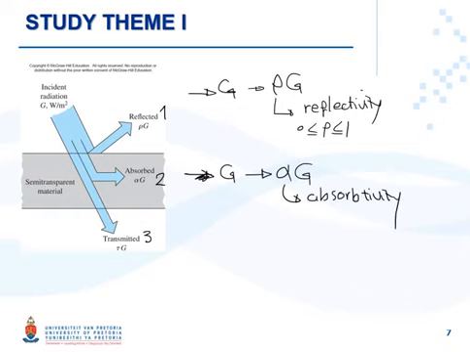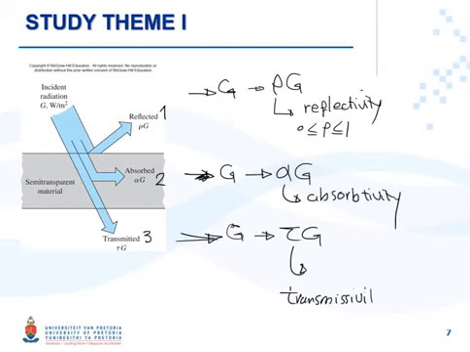And the same happens here as well. Irradiation strikes a surface. What percentage of that will be transmitted? A portion of it we call tau G, where tau is transmissivity. All of them, reflectivity, absorptivity, and transmissivity, are dimensionless numbers, and their values are between 0 and 1.